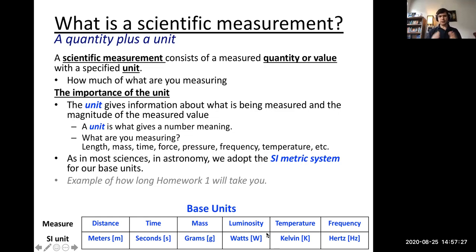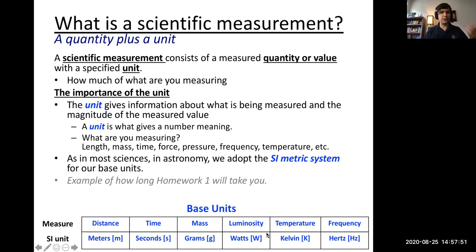So 1 meter is a little bit more than 3 feet. So you can see I probably can't put it all on the screen right here, but I have a meter stick. So that is a little over 3 feet, and that is our base unit for distance. For time, we use the second, no surprise there. For mass, we use the gram. For brightness of things, luminosity, we use the watt.